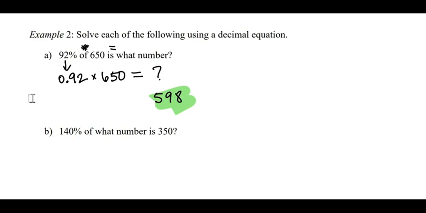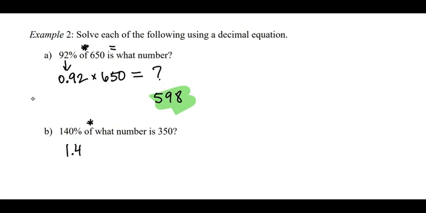All right. So the next one again, let's read this sentence and put it into the equation. 140% of what number is 350? First we are converting 140% into a decimal number. So that would be 1.4.